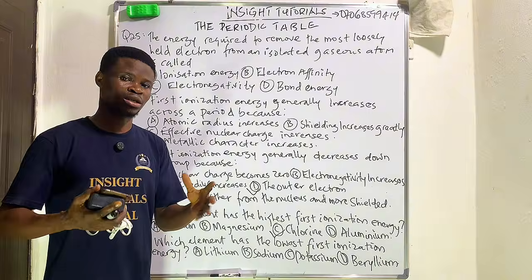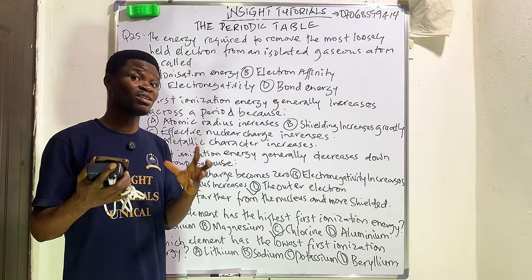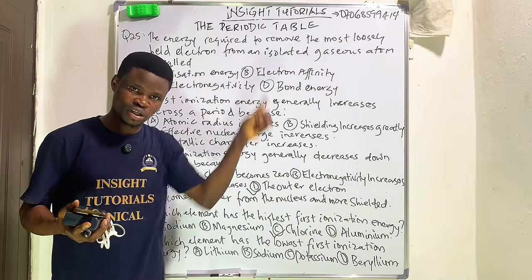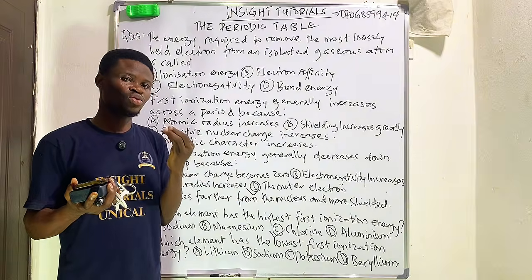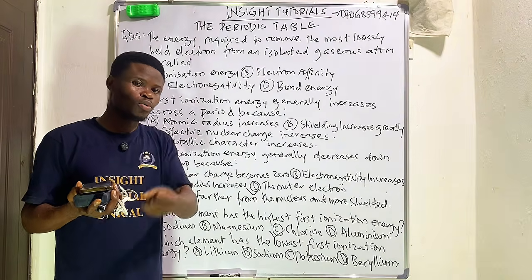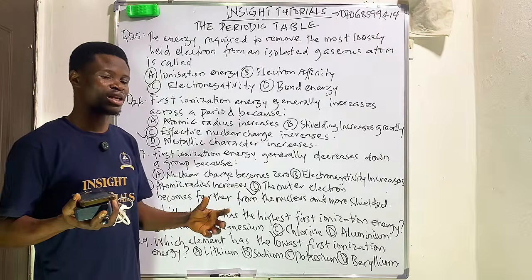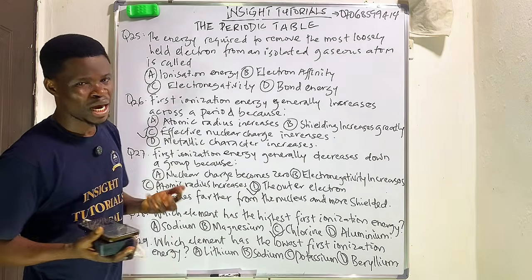And the more shells it has, the larger its atomic size. If it increases in atomic size, the electron in the last shell will be loosely held, so it will be easy for it to be pulled out. Also, the distance of that electron from the nucleus is far away, so it has low ionization energy.